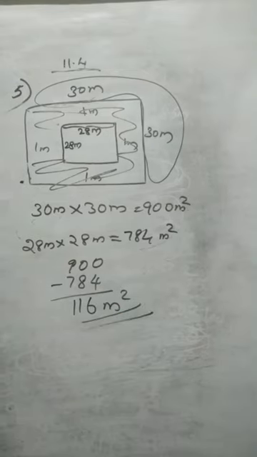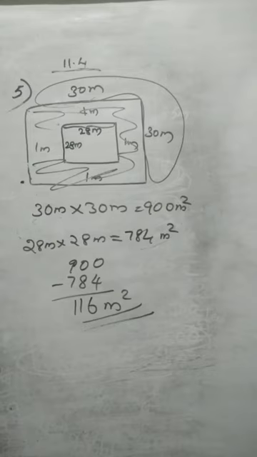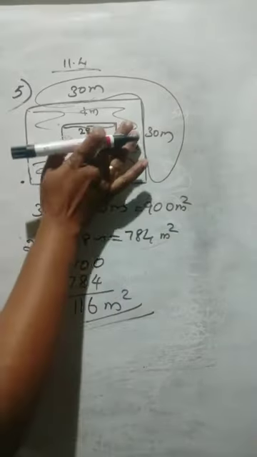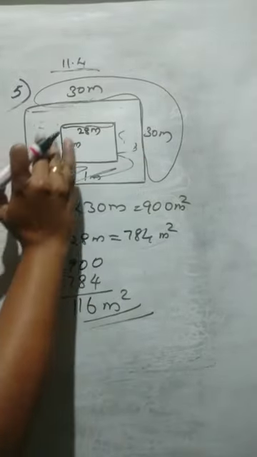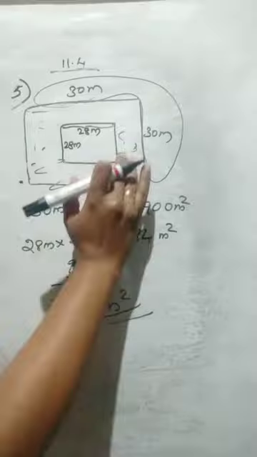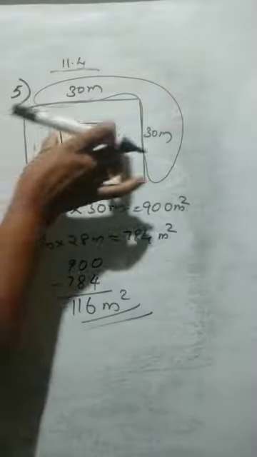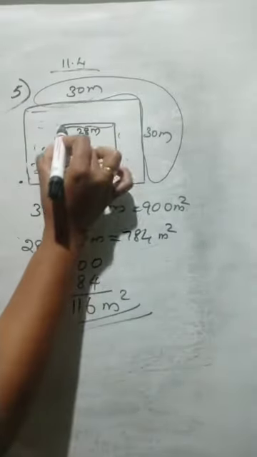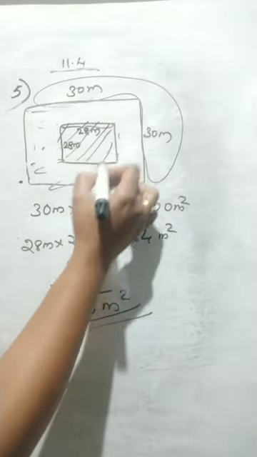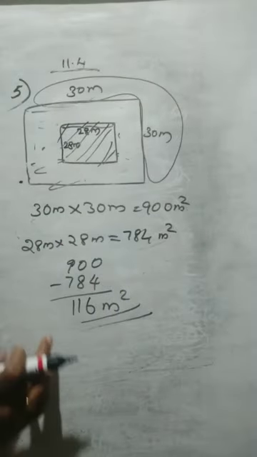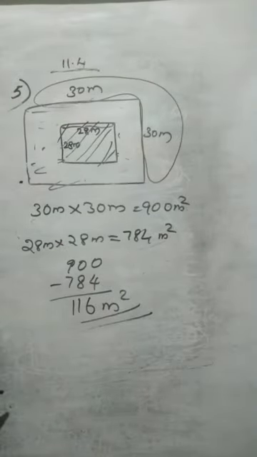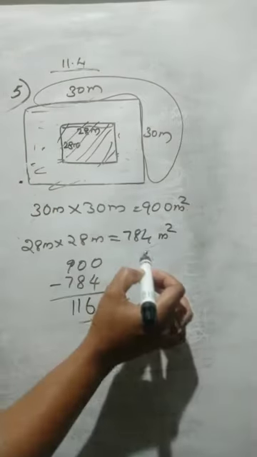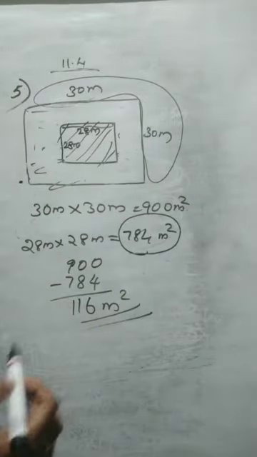Then next one is the cost of planting. The cost of planting grass in the remaining portion. That is, we are not planting grass on this path. Inside, this is the remaining part. Okay. Then the area of this side is 784. Keep it there.